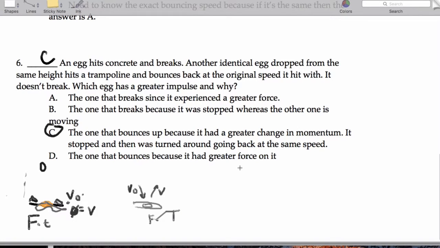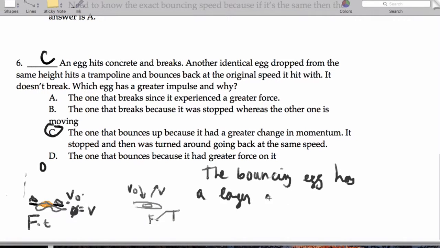The way I would say it is this: the bouncing egg has a larger, gentler impulse. All right, so that's the second page of the exam.